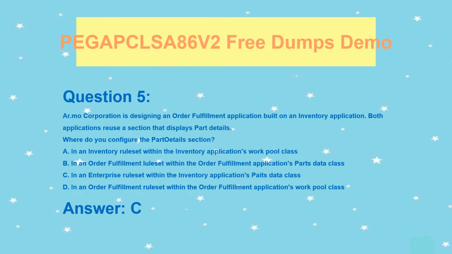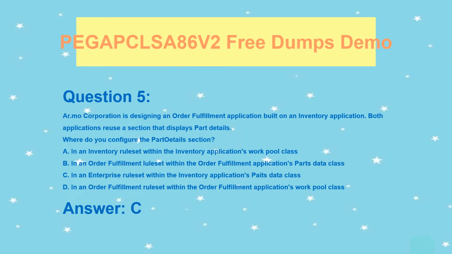Question 5. R.MO Corporation is designing an order fulfillment application built on an inventory application. Both applications reuse a section that displays part details. Where do you configure the part details section? A. In an inventory rule set within the Inventory Applications Work Pool class.